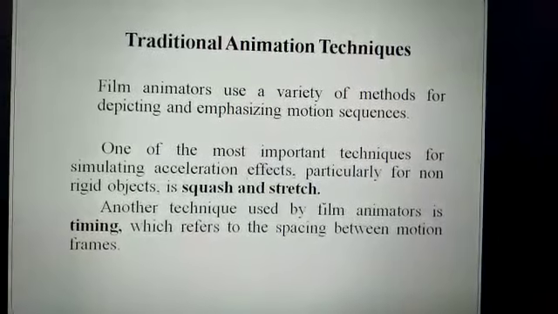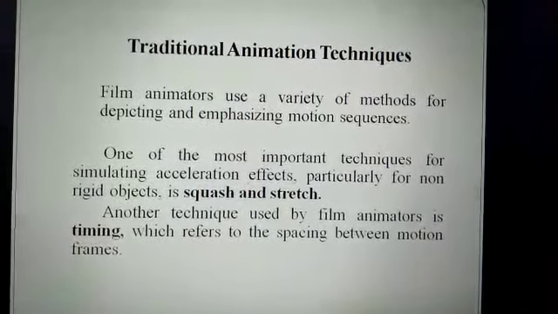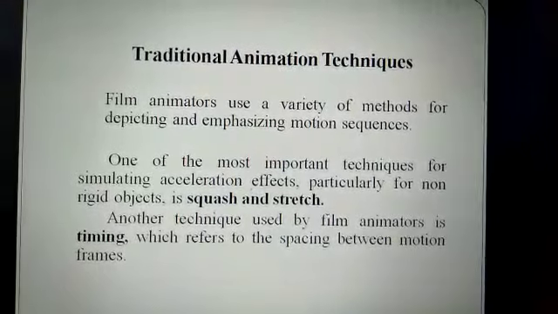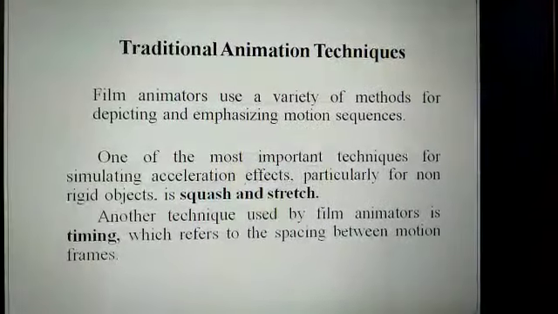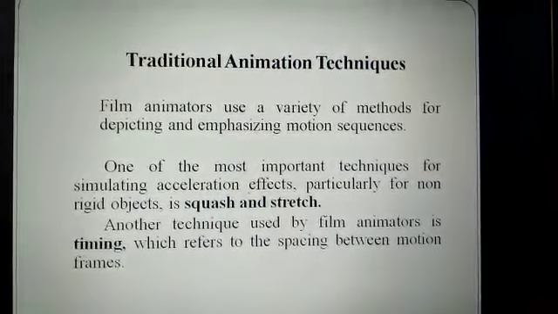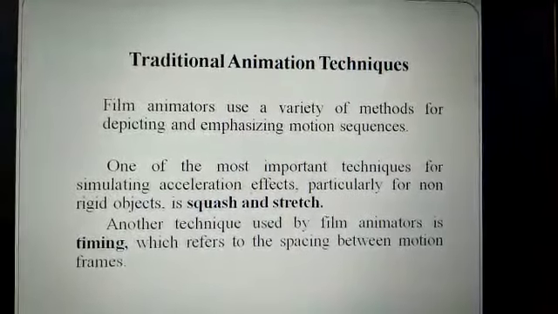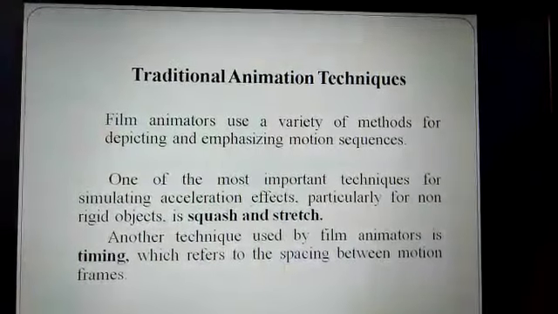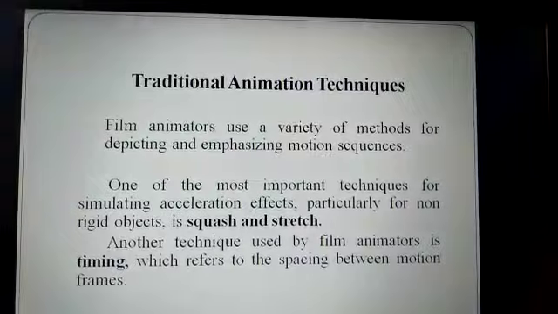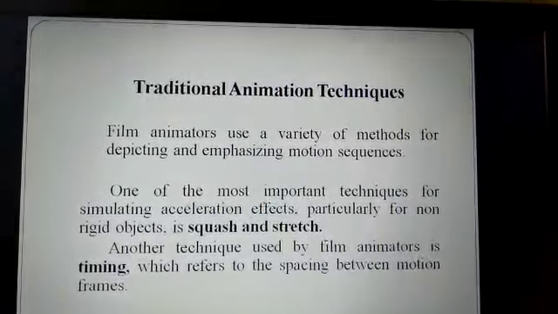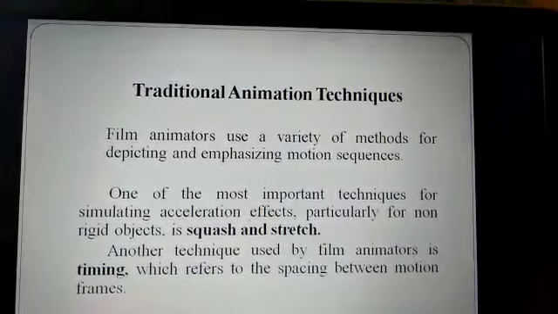When the ball hits the floor and stops, it is first compressed and then stretched again as it accelerates and bounces upwards. Another technique used by film animators is called timing, which refers to the spacing between motion frames. A slower moving object is represented with more closely spaced frames, and a faster moving object is displayed with fewer frames over the path of the motion.